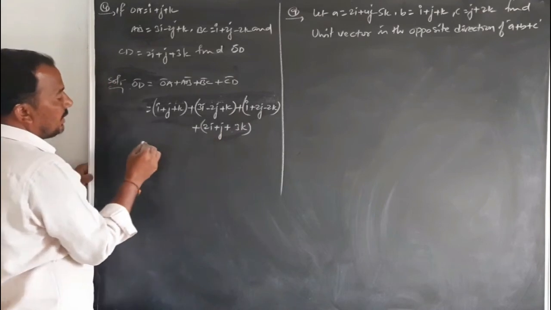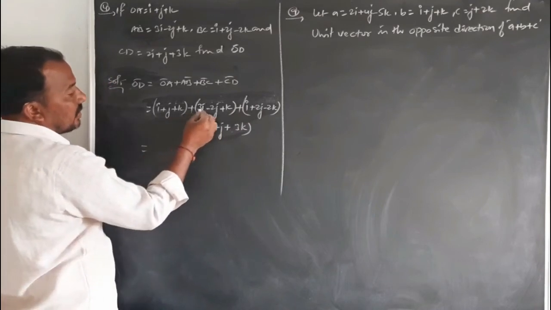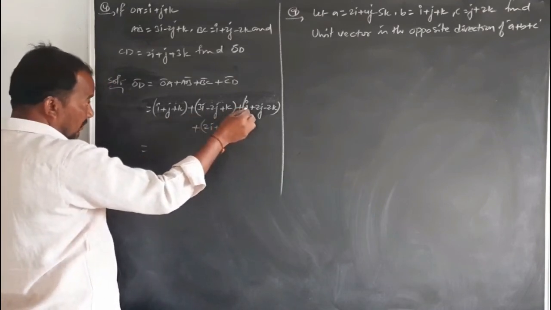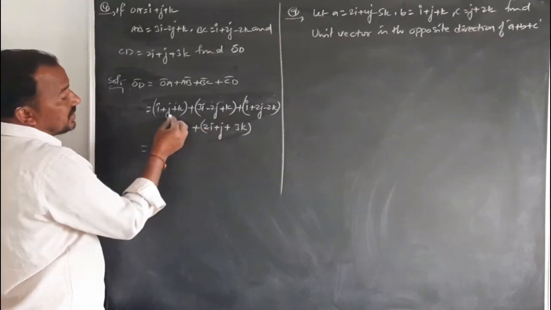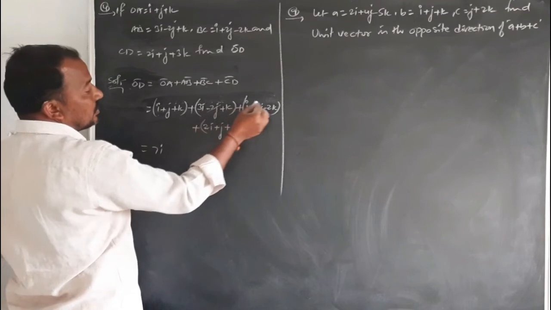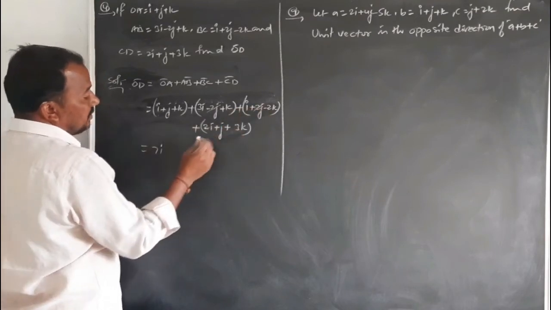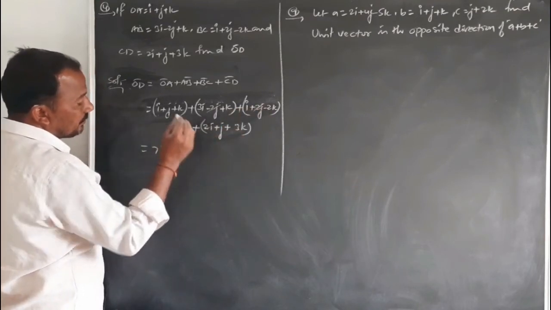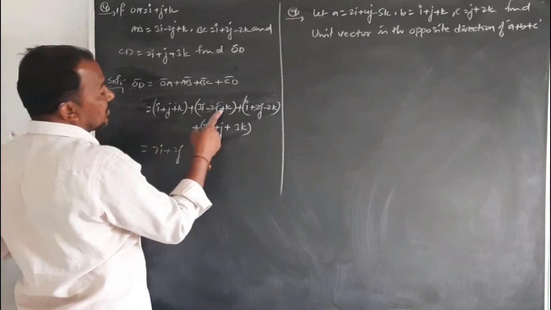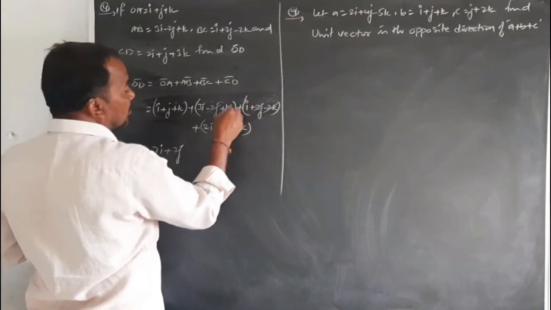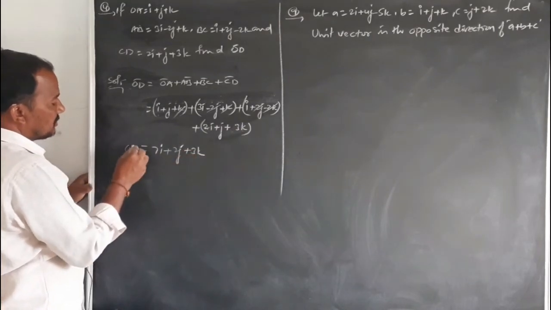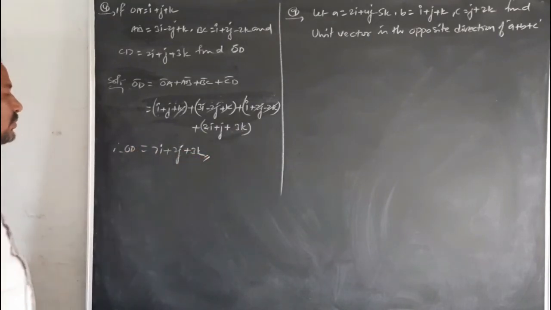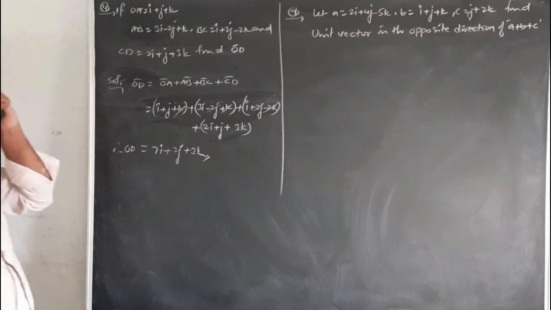Adding i plus 3i, 4i plus i, 5i, 7i. The j terms: minus 2j and plus 2j cancel, plus j plus 2j. The k terms: 2k minus 2k cancel, plus 3k. OD equals 7i plus 2j plus 3k. This is the answer.